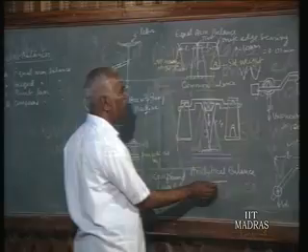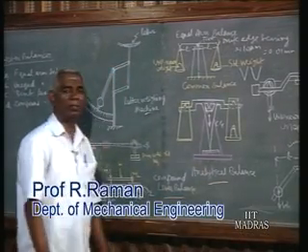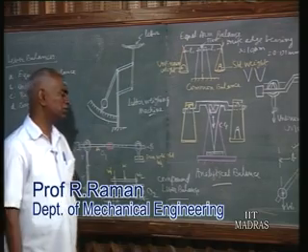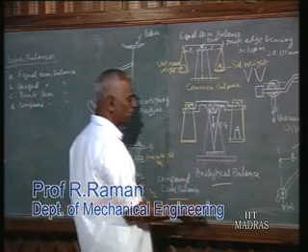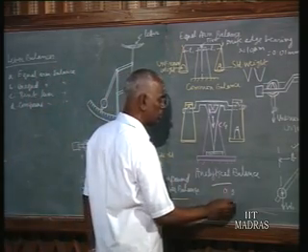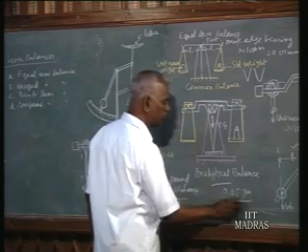Whereas, we have the analytical balance, which people call the chemical balance or the physical balance, where the accuracy can be of the order of 0.05 gram, up to 0.005 gram, that is 5 milligram, it is possible.